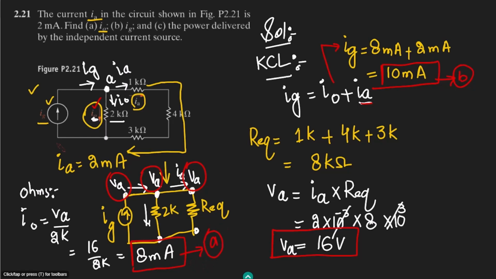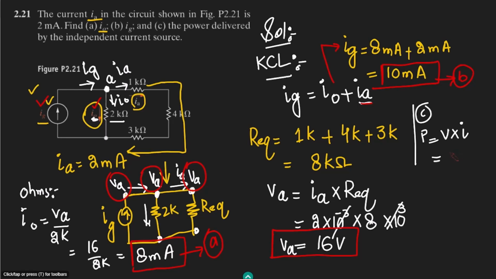Now we want to find out the power delivered by this source. For the sources, we know that the power generated or dissipated is equal to V multiplied by I, where V is the voltage across the source and I is the current provided by it.